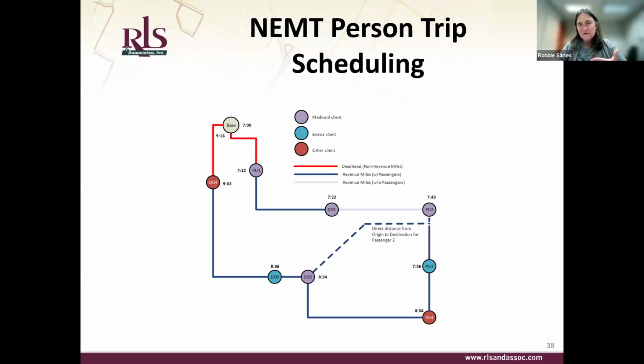And so the model allows, even though the vehicle may go this other pathway, the actual total costs to be divvied out based on what the direct distance would be from the passenger's pickup to their drop off. So it's kind of like an Uber method of determining what the trip cost is. You might go a whole lot of other ways, but when you get on an Uber trip, you know how much that trip's going to cost, regardless of the way that the driver drives. And so this is pretty much the same methodology that's used in this model. And CMS has participated in this and thinks this is an appropriate way of doing cost allocation.